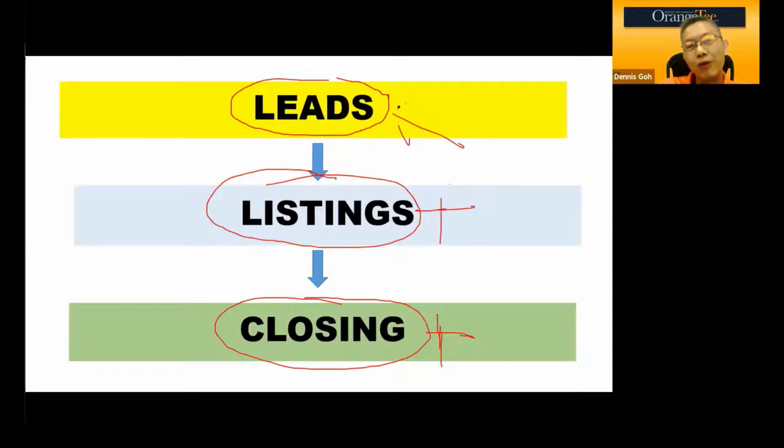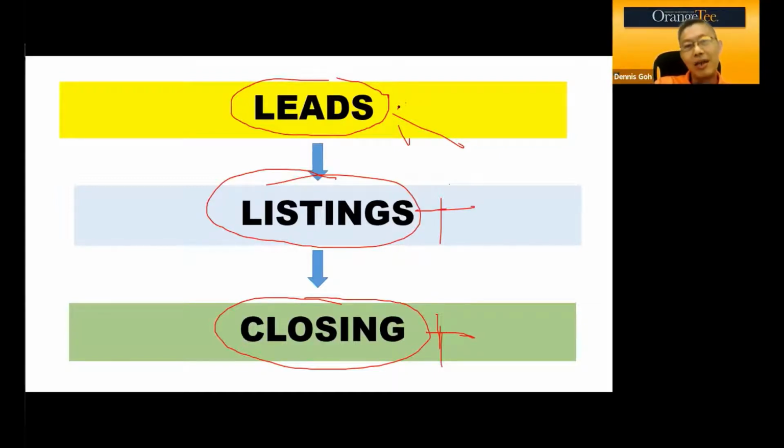So along the way we filter away, and there is a certain limit to the number of listings we can work on. Eventually we start to do marketing and get it closed. So at the end of the day, leads are the most important stream leading to the closing, right?